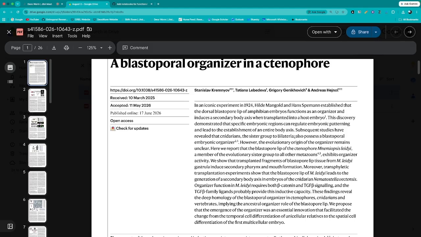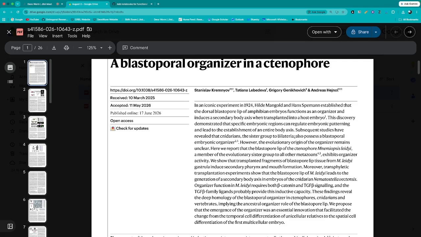vectensis. Organizer function in M. leidyi requires both beta-catenin and TGF-beta signaling, and the TGF-beta family ligands probably provide this inductive capacity. So this is where our organizer is really a group of chemical signals that basically act in a cascade, and we know that this whole family of TGF-beta ligands is involved in this process.